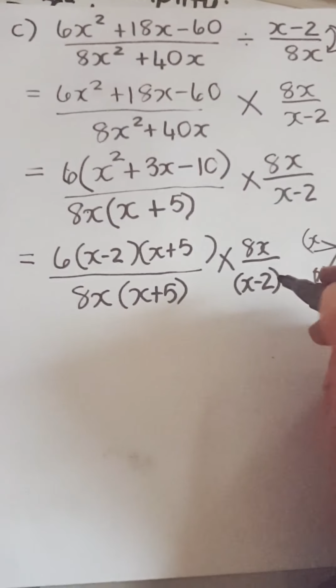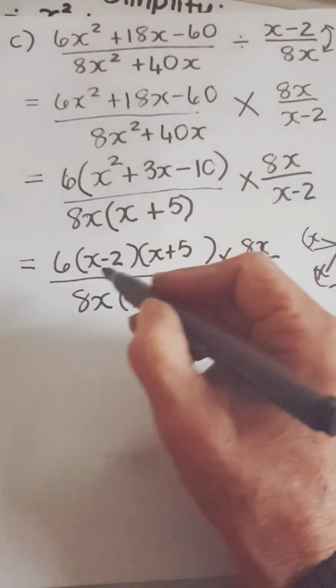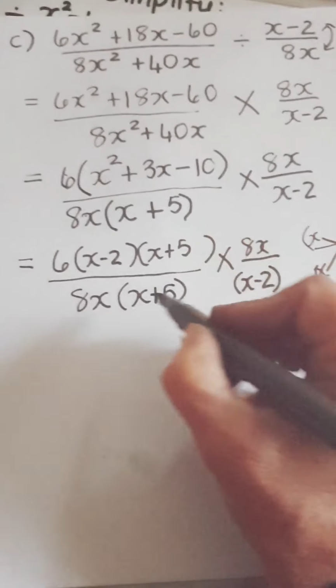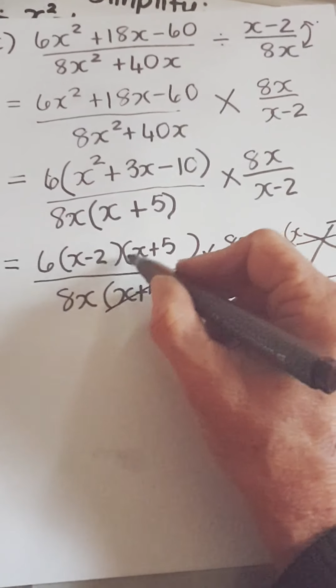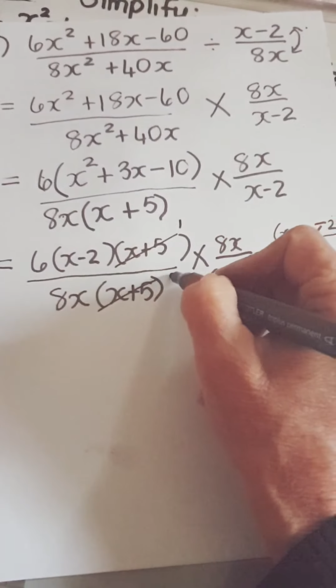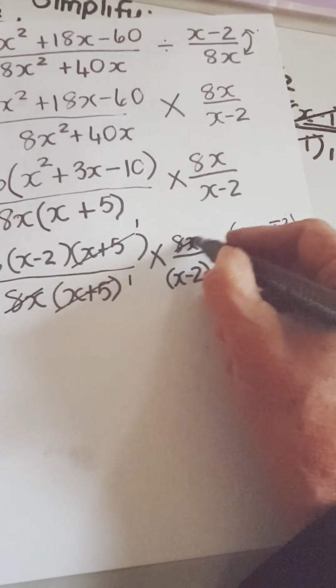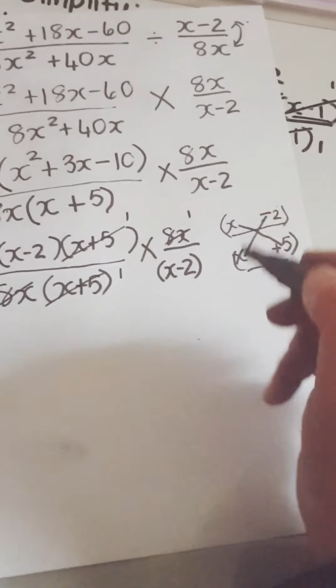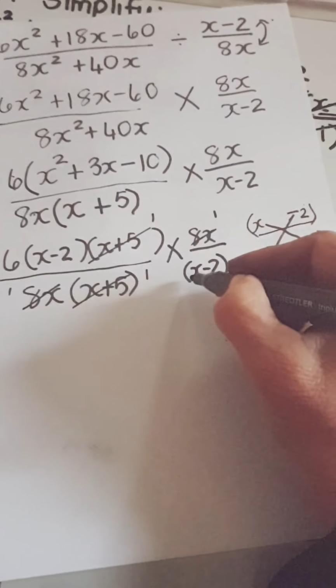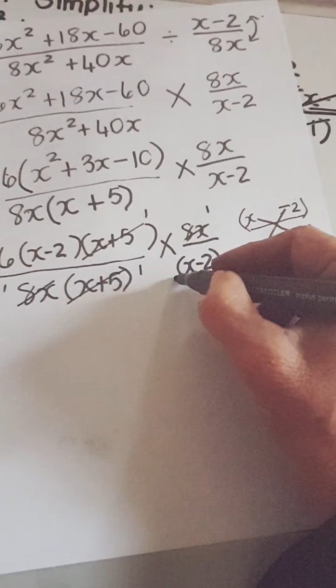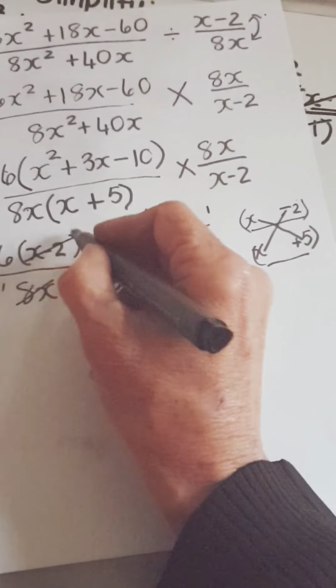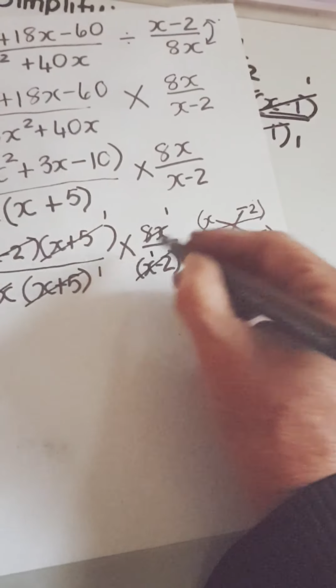Do I have common factors? And it's clear that we do. I can simplify because this x plus 5 can go into that x plus 5 once. The 8x can go into that 8x once, so that is gone. And then this x minus 2 can divide in that x minus 2 once.